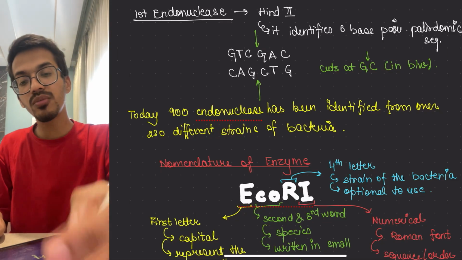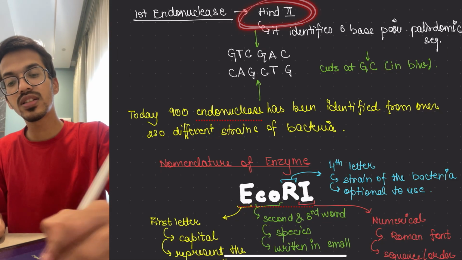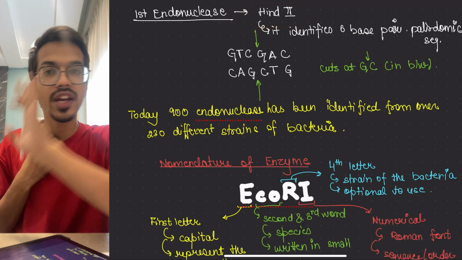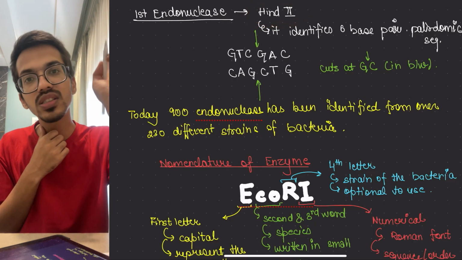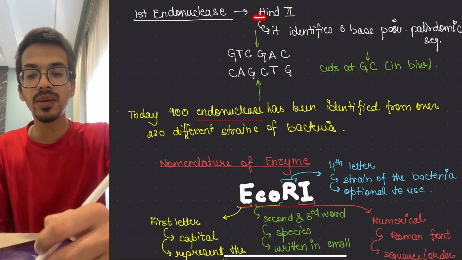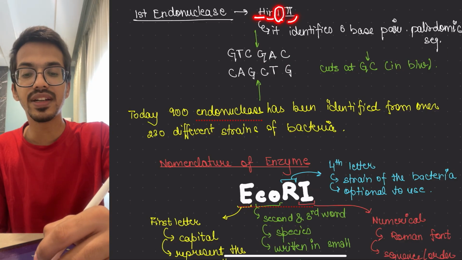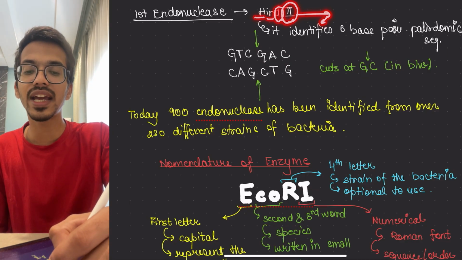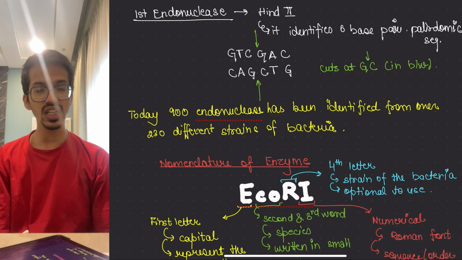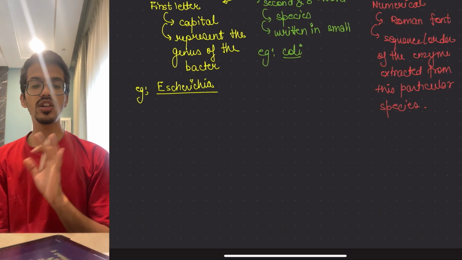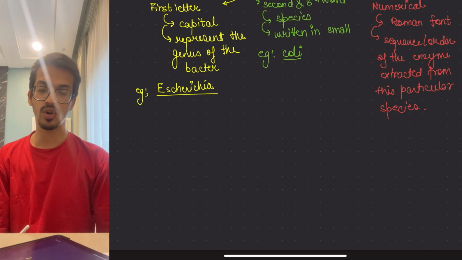We get it from the Haemophilus influenzae Rd strain, and the second enzyme is by chance an endonuclease. Understood this? So this is the nomenclature, which is super important.